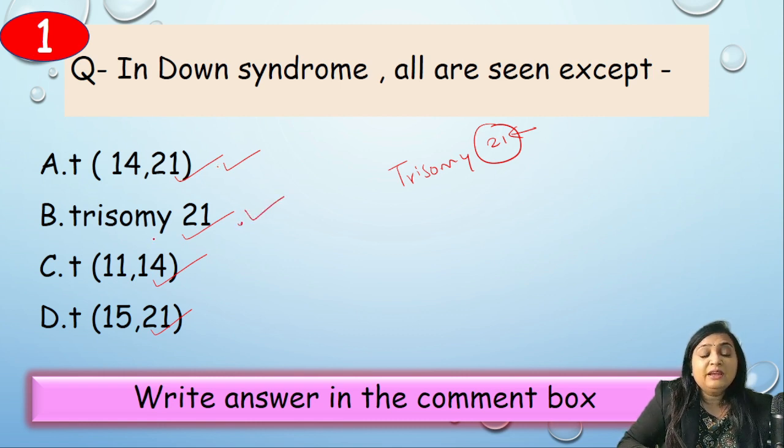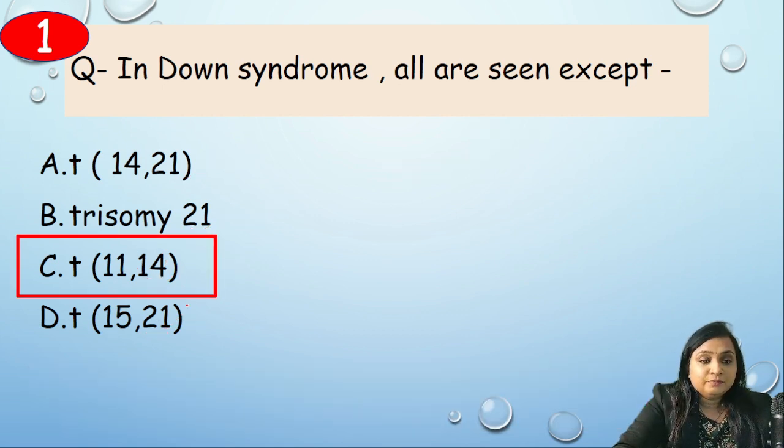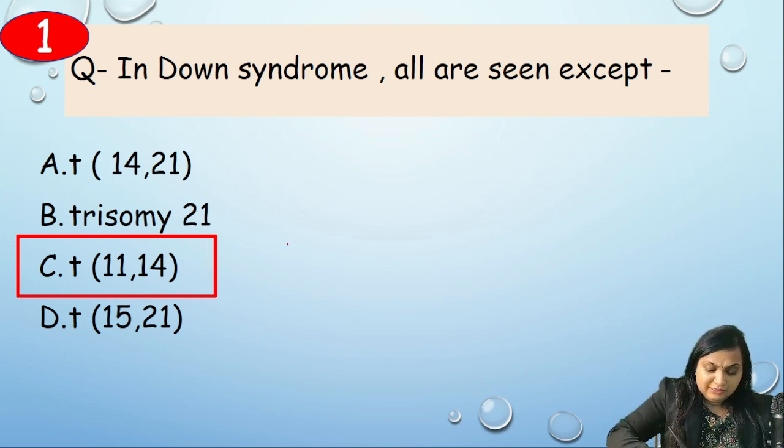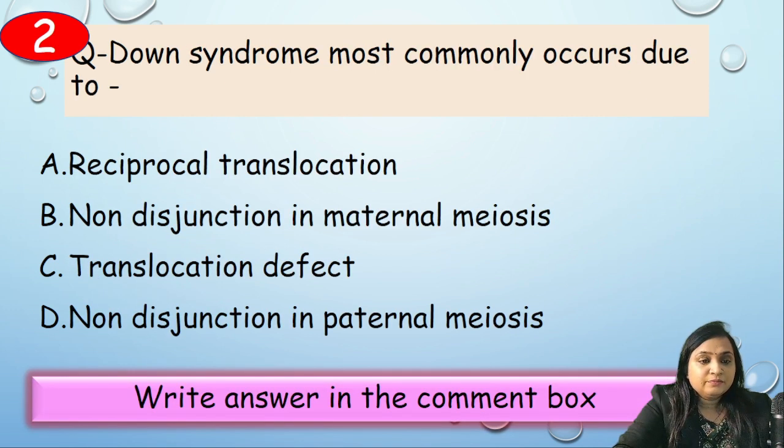It could be trisomy 21. Here it is not possible because we require chromosome 21, which is causing all kinds of problems in Down syndrome. This could be possible, the 15 and 21. So the correct answer is option C, T11 by 14.